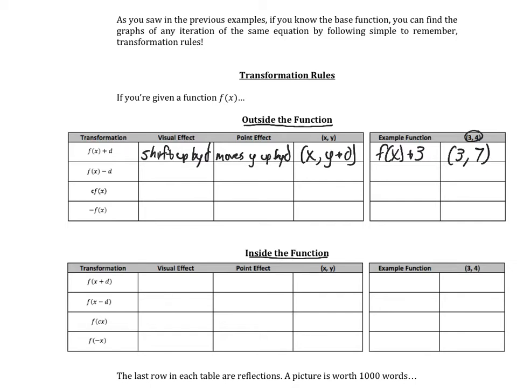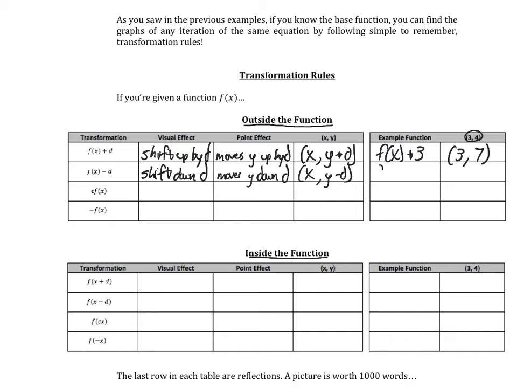If it's f of x minus d, you can guess it's going to shift down by d. In terms of the point, it moves y down d, and the point x, y becomes x, comma y minus d.